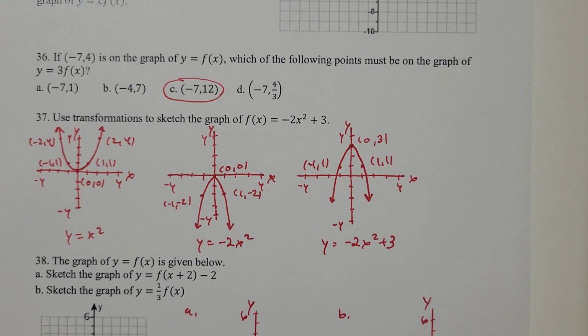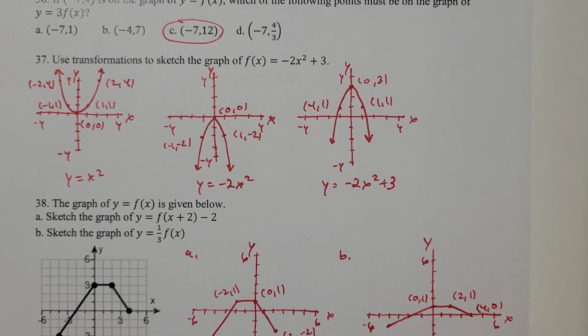All right, problem 37. We want to use transformations to sketch the graph of f of x equals -2x squared plus 3. There are going to be some problems like this coming up in the early part of chapter 3 when we talk more about quadratics.